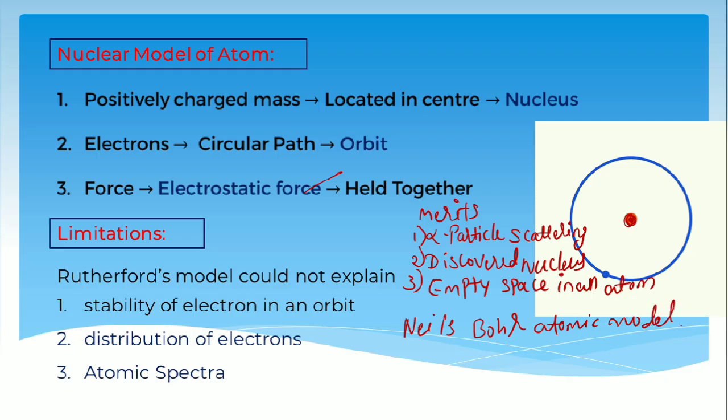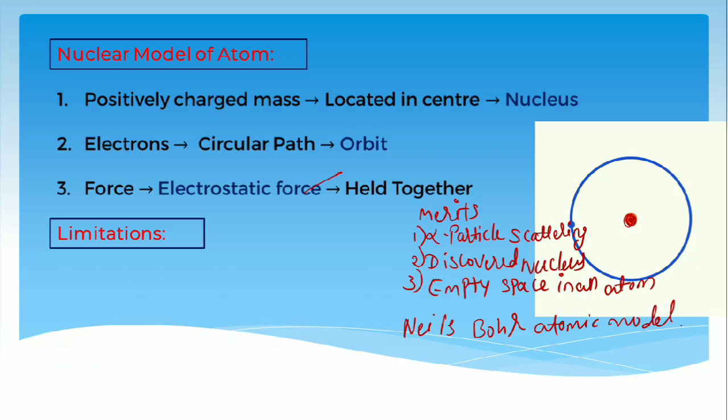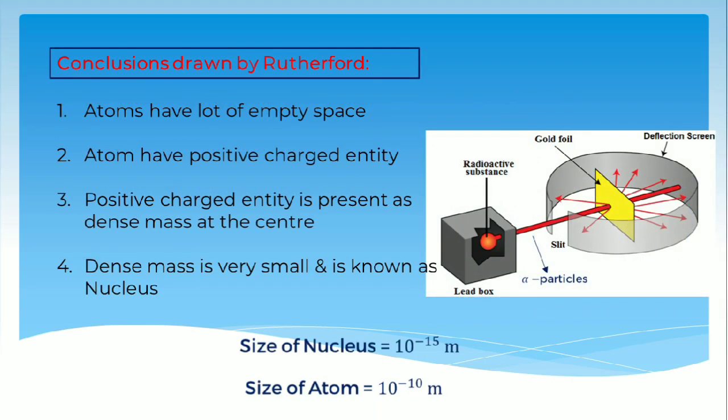Okay. So some comparisons we can see here: in the Thomson model the positive charge is spread throughout the atom, but in the Rutherford atomic model it is concentrated in the nucleus only.